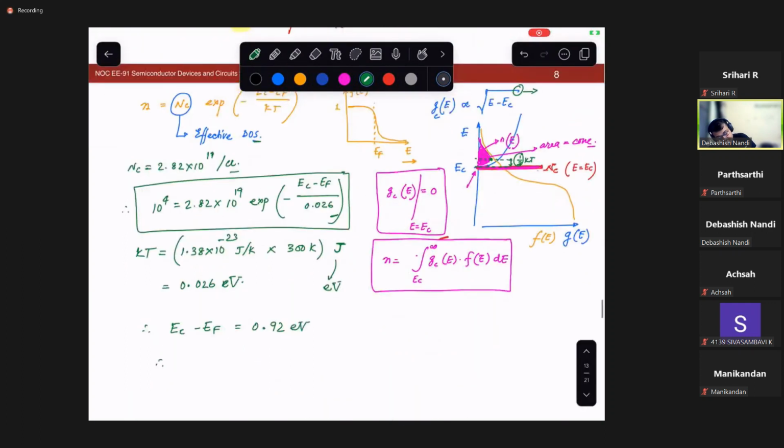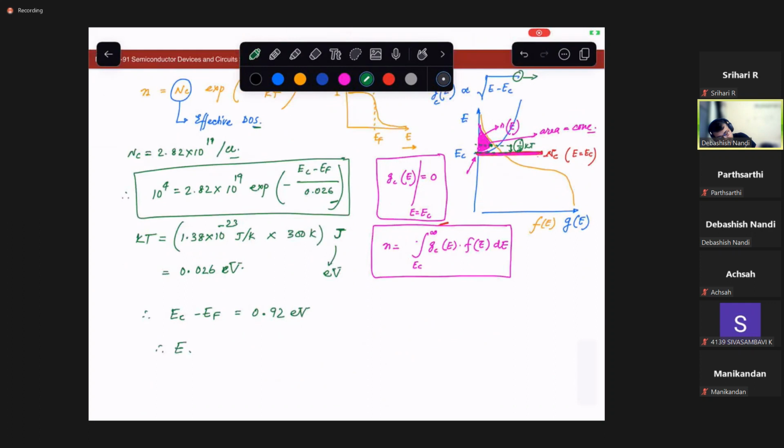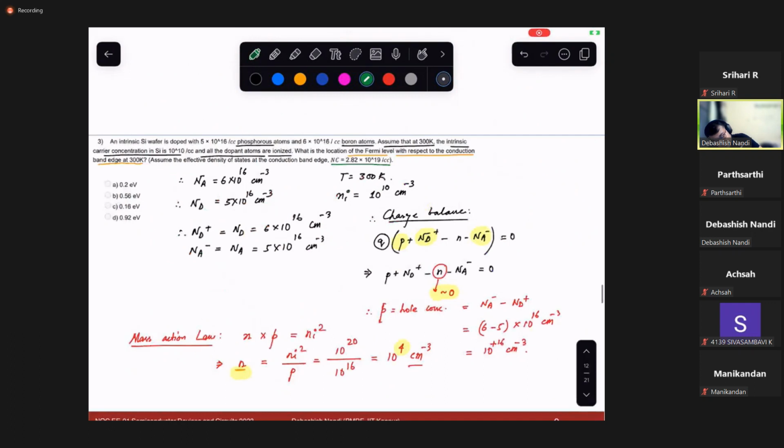So your EF will be around EC minus 0.92 electron volt. The question was, with respect to the conduction band, what is the location? So this should be your answer.